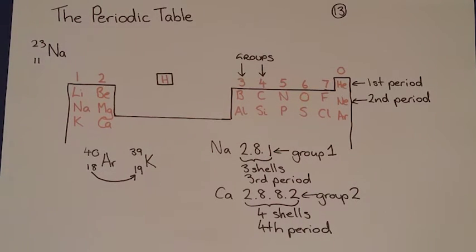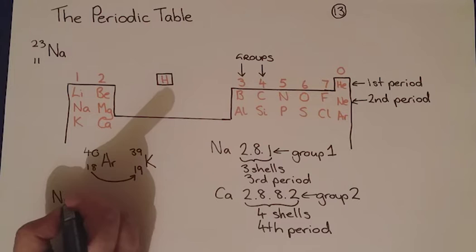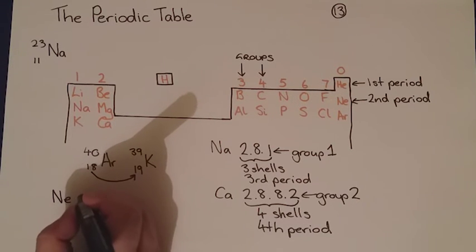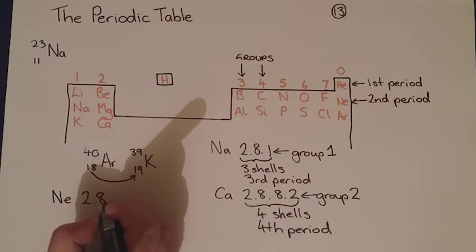The only time we come across anything strange is when we look at anything in group 0, because we never actually write an electron structure with a 0 in it. The easiest way to think about this is to consider what actually happens to an element when we get to the far side of the periodic table. So for example, neon has an electron structure of 2, 8.